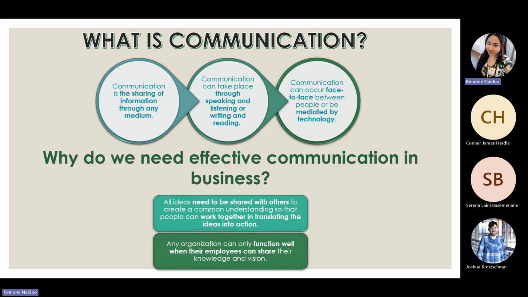For effective communication to take place, we need the receiver to give us some sort of feedback, and then we can generate feedback and send it back, and that is known as two-way communication. That is when communication is effective.